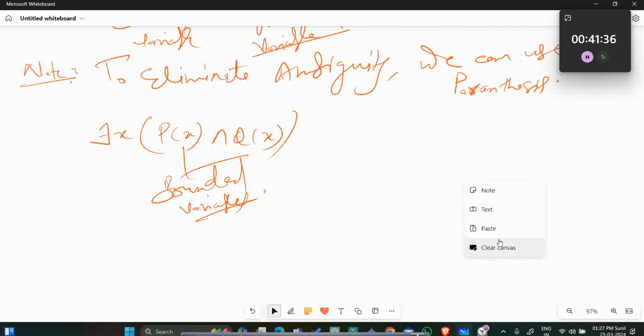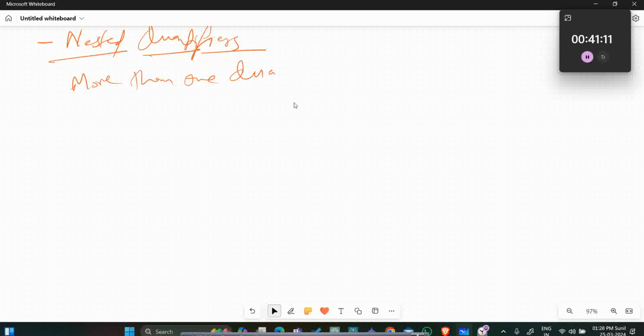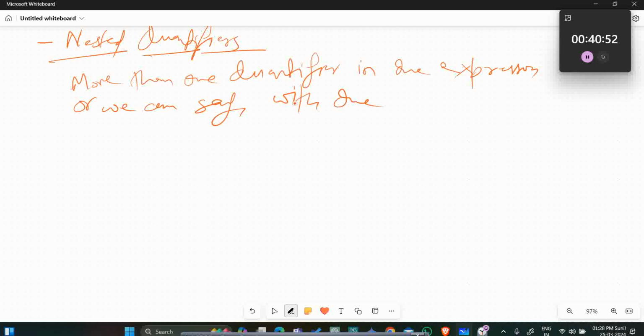What is a nested quantifier? Nested quantifiers means more than one quantifier in one expression, or we can say with one predicate logic.